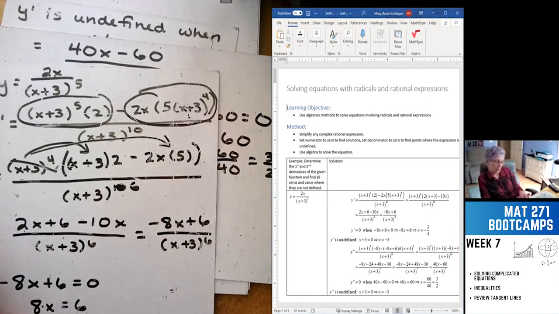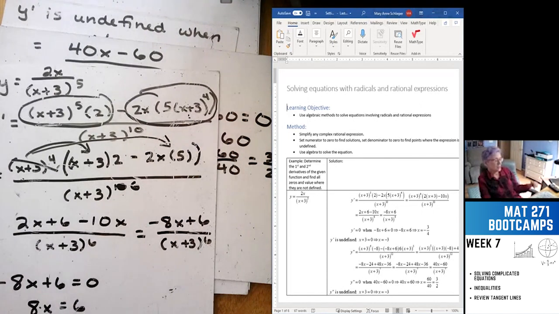So if you have a number less than 3/4, this graph will be concave up. And if you have a number bigger than 3/4, it will be concave down, because it'll be concave up when the second derivative is positive, concave down when it's negative. You're probably going to learn that next week. Gotcha. Thank you.